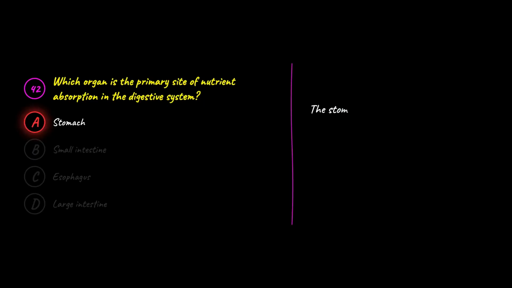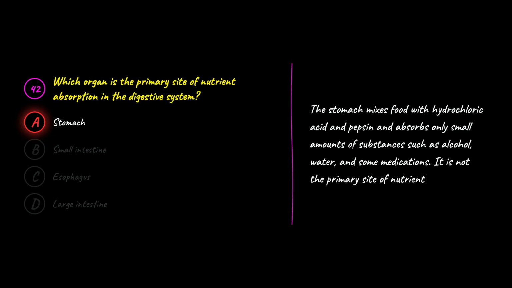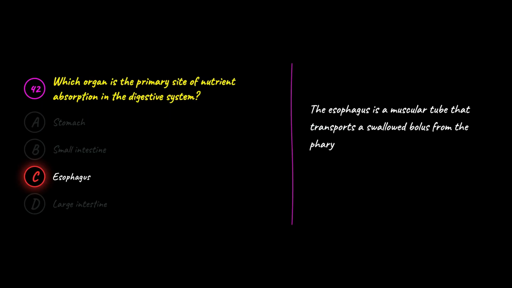A is wrong because the stomach mixes food with hydrochloric acid and pepsin and absorbs only small amounts of substances such as alcohol, water, and some medications. It is not the primary site of nutrient absorption in the body. C is wrong because the esophagus is a muscular tube that transports a swallowed bolus from the pharynx to the stomach by peristalsis.